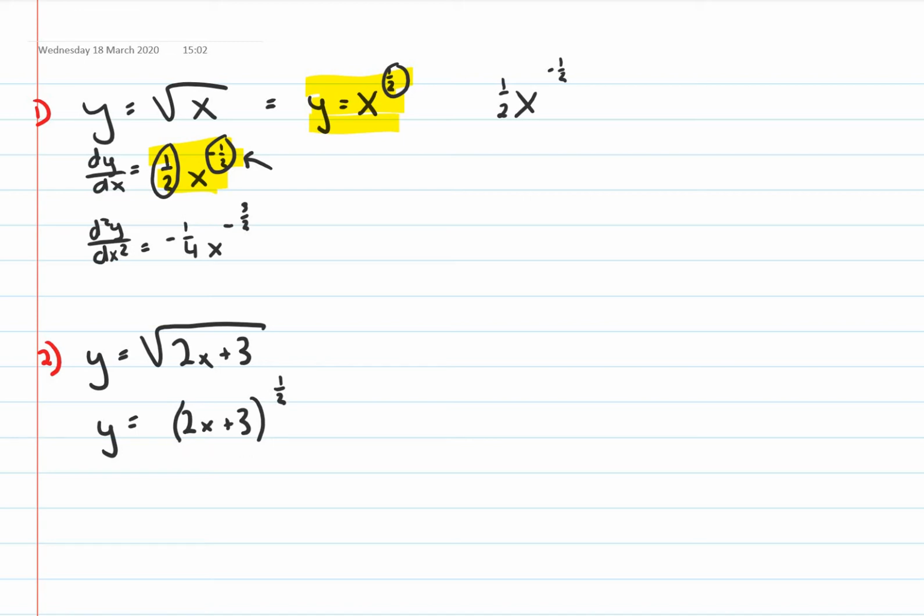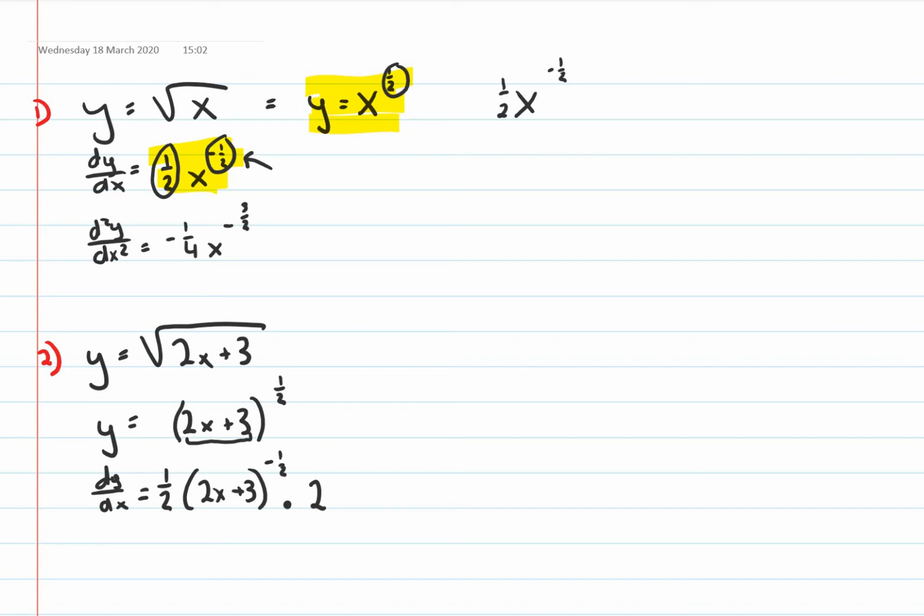Okay, so chain rule, we differentiate the whole thing first, so dy/dx equals, multiply what's in front of the bracket by a half, 2x plus 3, and then reduce the power by 1, and we get minus a half. Right, and then we take the inside piece of the function and differentiate that. 2x plus 3 differentiated is just 2.